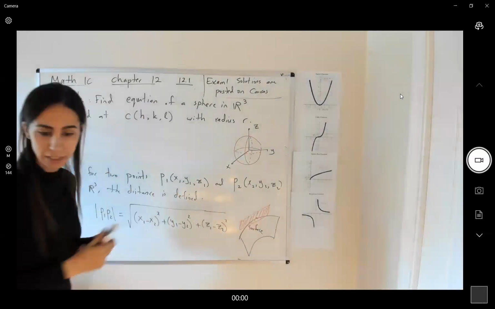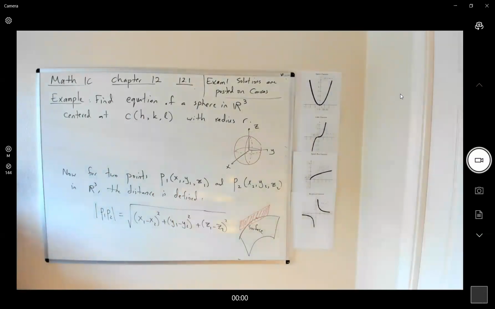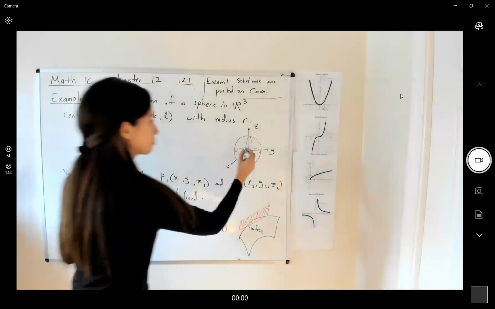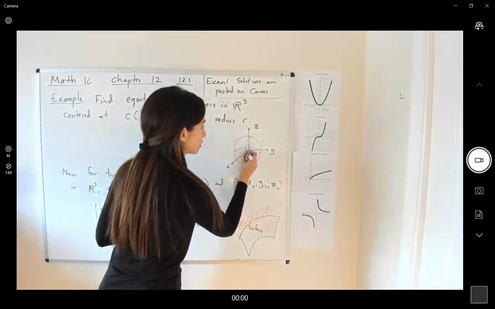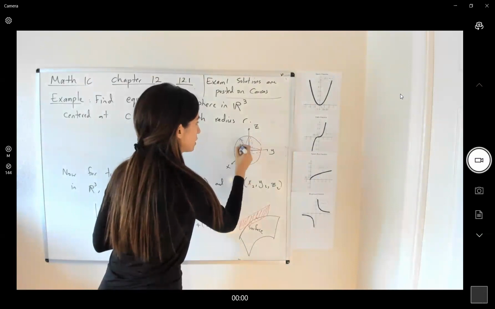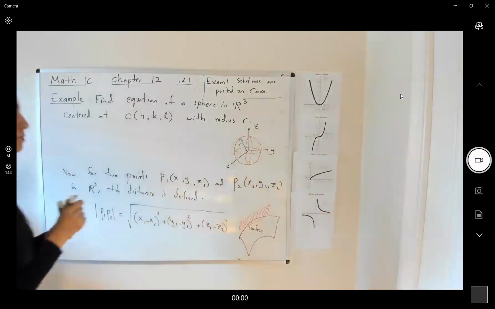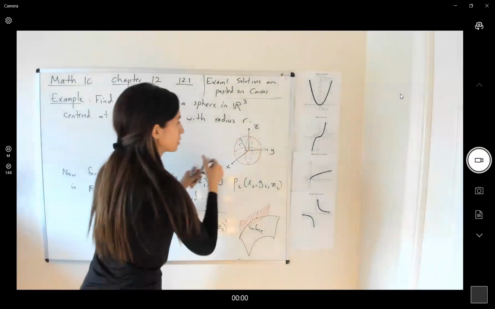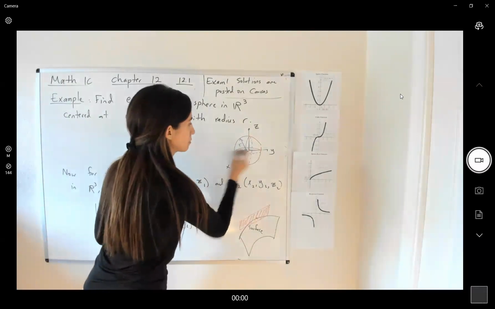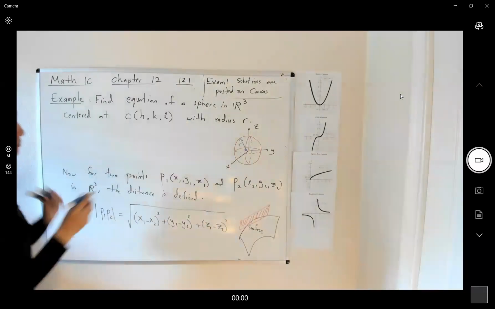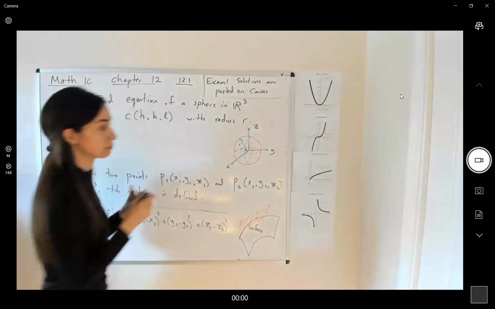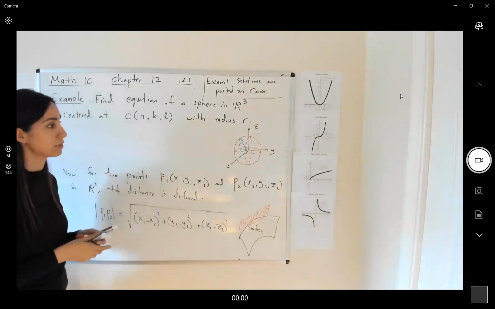You have a radius R. I suppose the center is here. This is your radius, and this is the center here. Okay, very well.